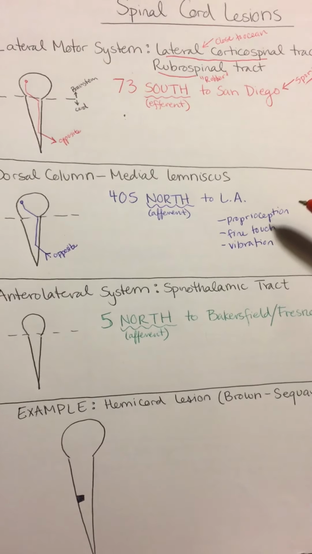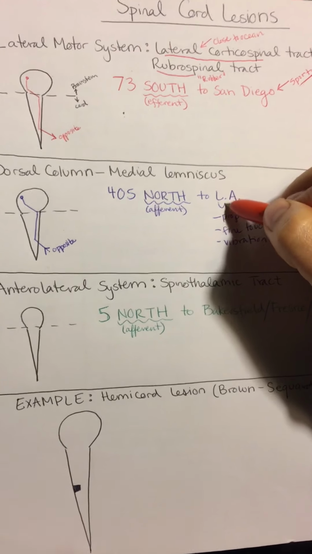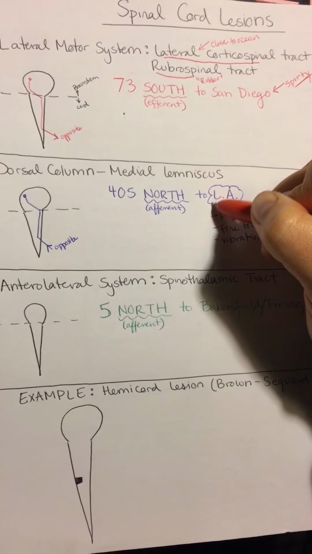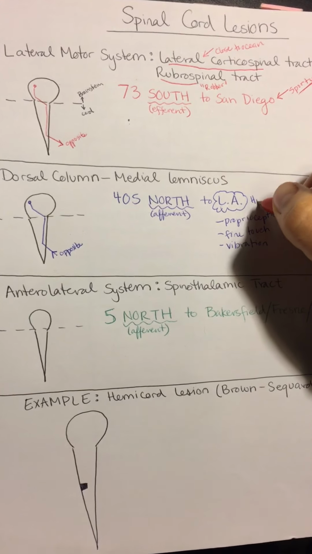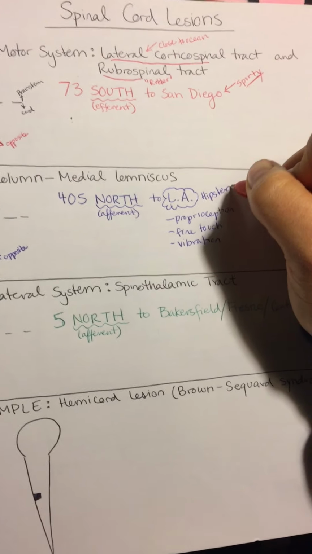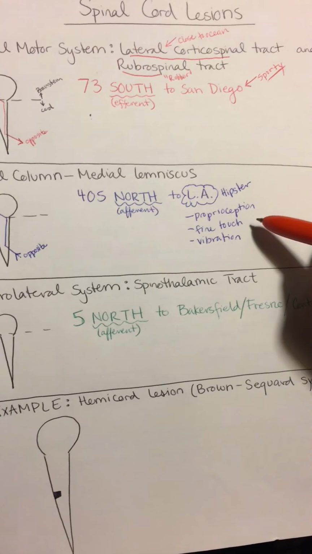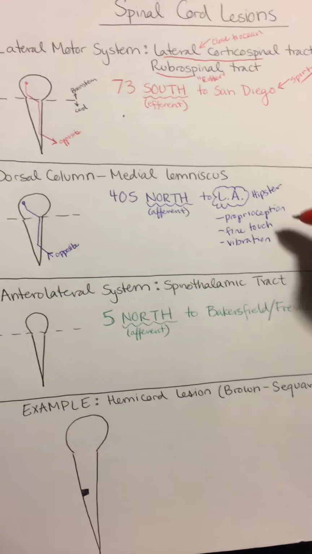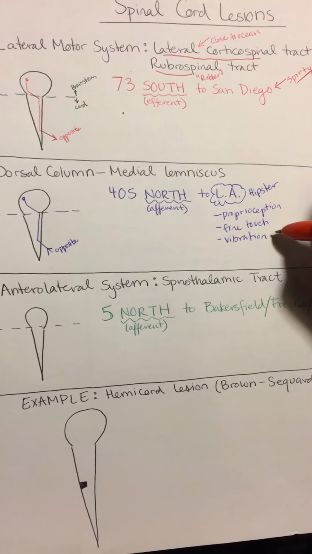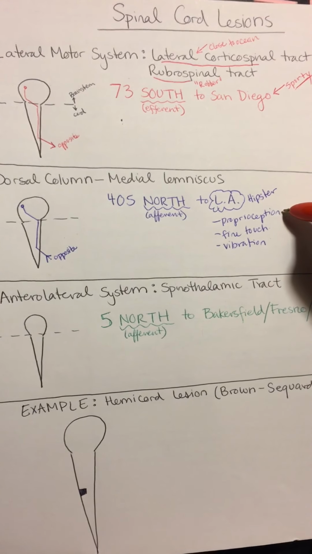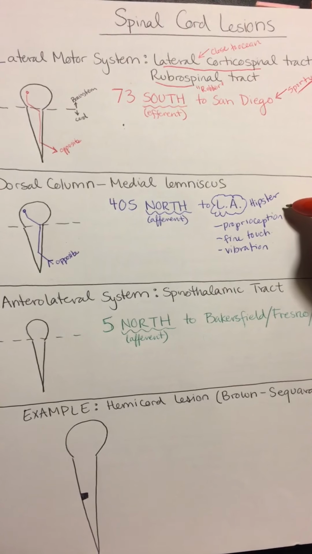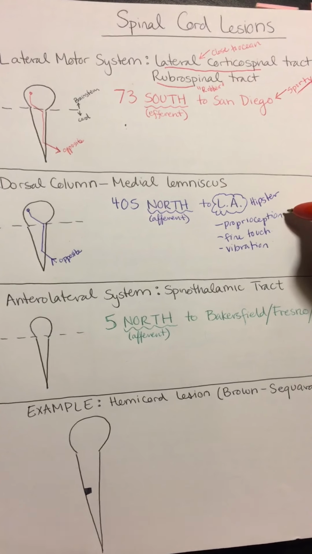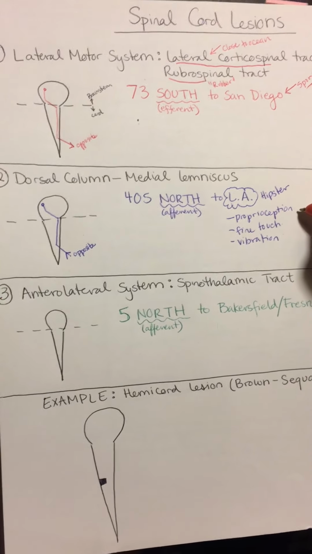So how you're going to think about it is we're going to LA, right? And the people in LA are all hipsters. And hipsters are very much into sensitive, delicate things. That's how you're going to remember the fine touch and vibration, and they also are very aware of what people think of them and how people perceive them. And so that's how you're going to remember proprioception.